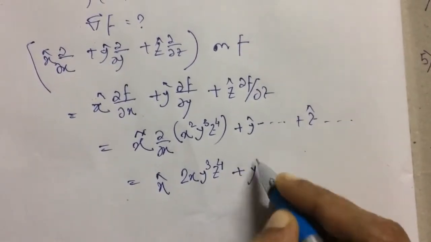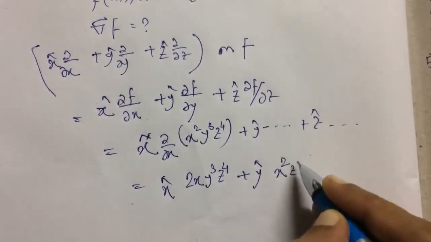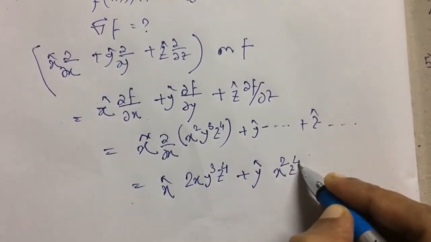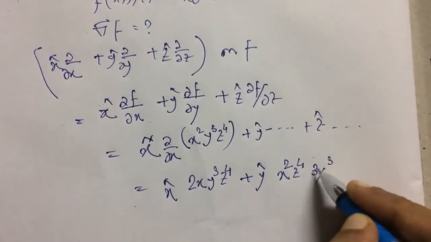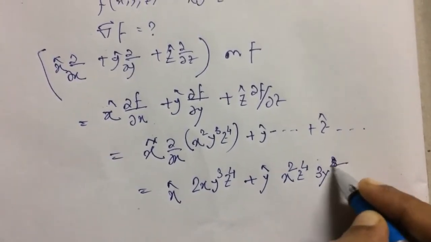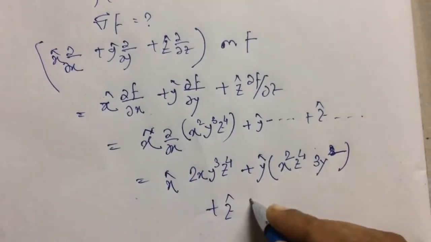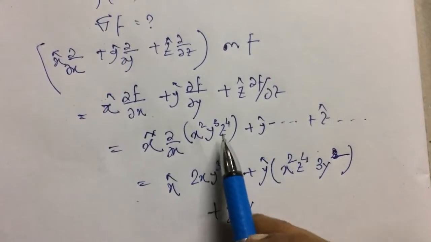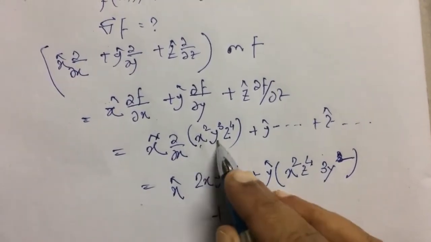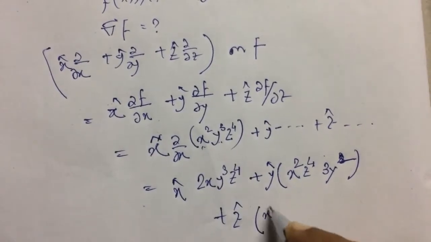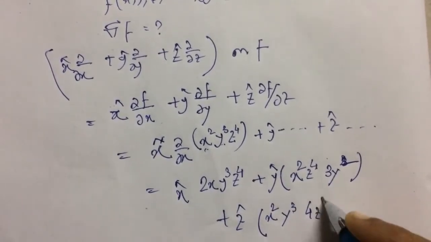So it's y cap, then again x square, and the z term is constant. So it's y cube, so it's 3 of, I'm sorry, of this plus, again this is constant. So these two are constants here. So y cube 4 z cube.